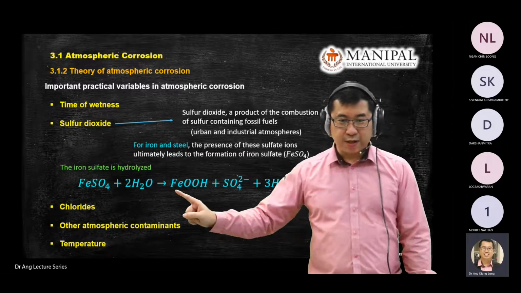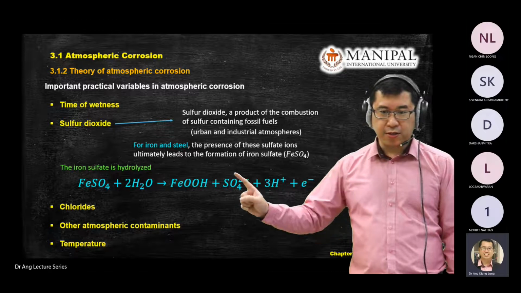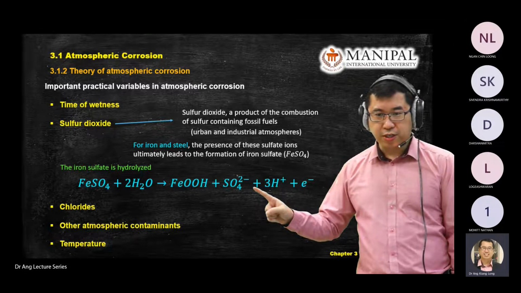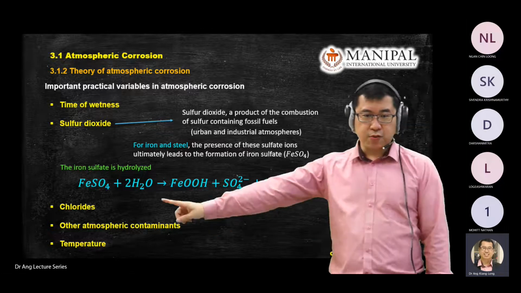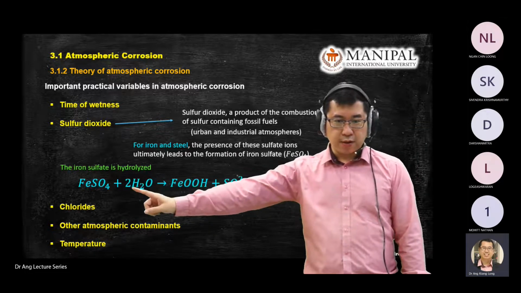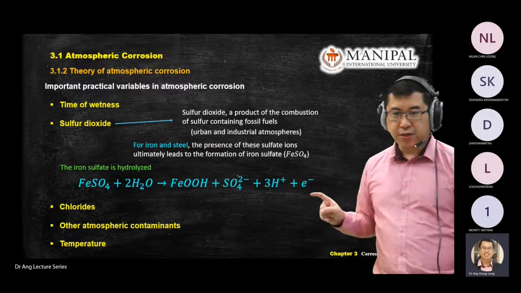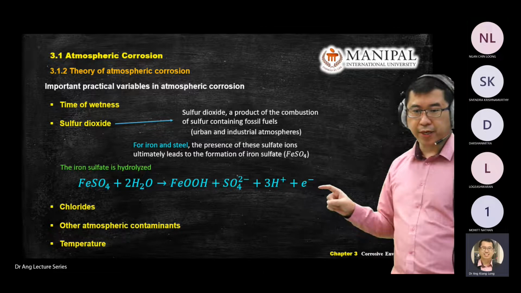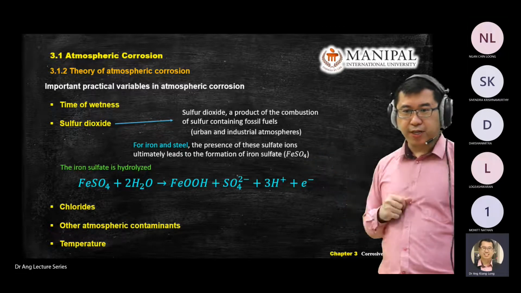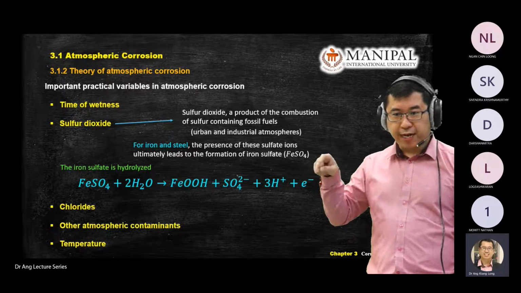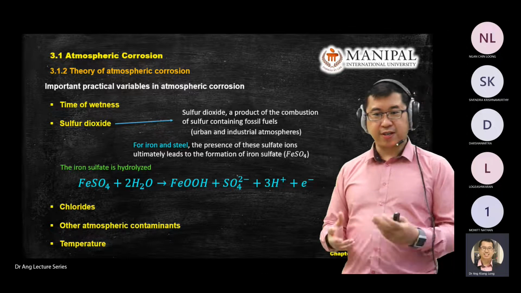So you have one product, plus the sulfate charges, plus the hydrogen charges, plus the electron. Okay, so when FeSO4 plus water, you will get charges. You will get a breakdown of the electron. So basically, you are contributing electron already. So when you have an electron, then you have anodic cathodic process reaction from there.